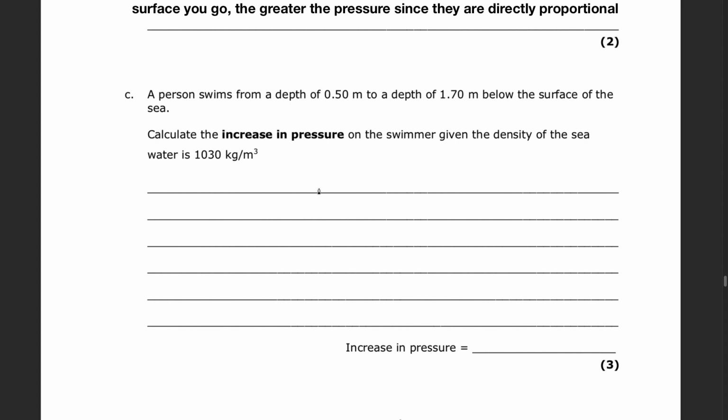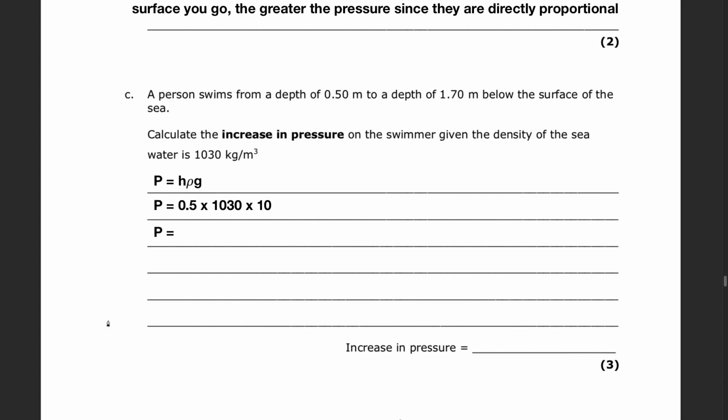So for this question, we must first calculate the pressure at 0.5 meters, and then calculate the pressure at 1.7. So starting off from the equation, P equals H rho G, the height is 0.5, density we've been told is 1030, and G we've been told at the beginning of the paper we should take it as 10. So let's plug in the values.